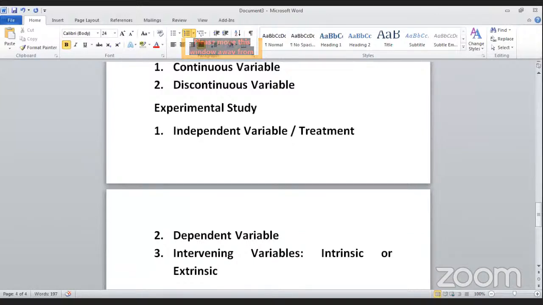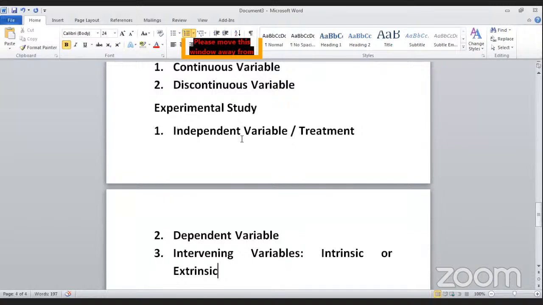But if you are listening to me and you get a headache, then your concentration will decrease. Now here is an intervening variable inside the process. So an intervening variable may be inside the process or outside the process.